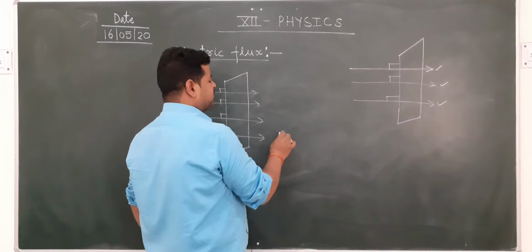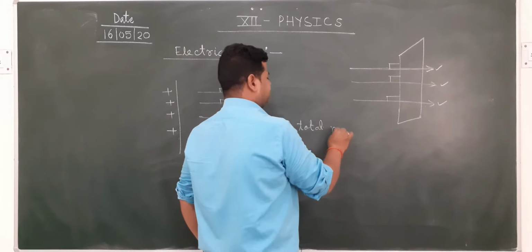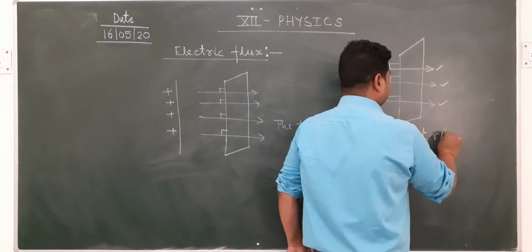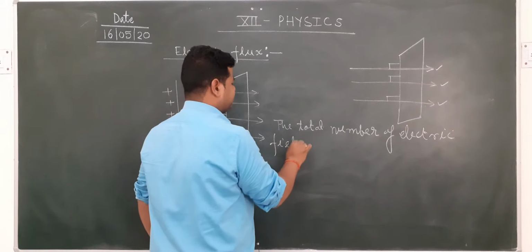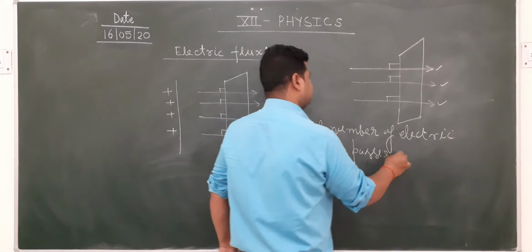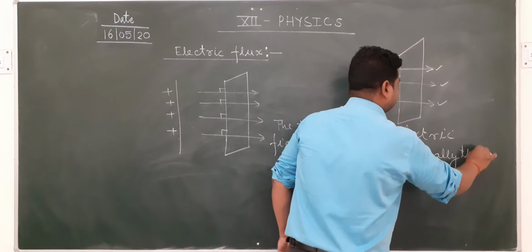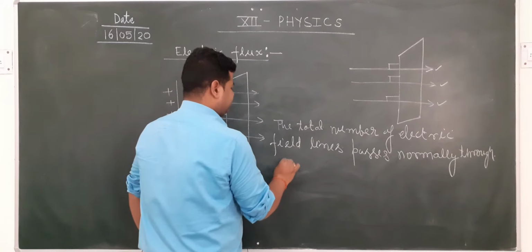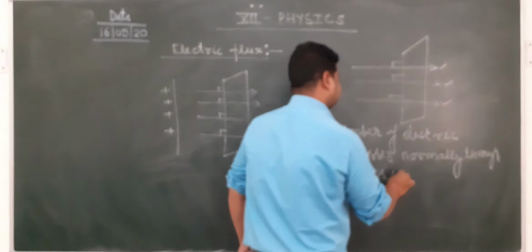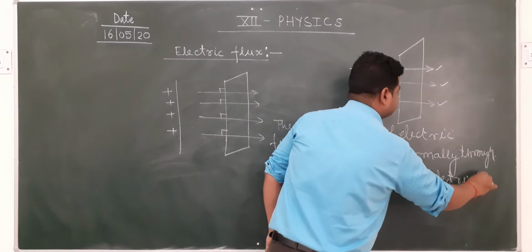So the definition of electric flux: the total number of electric field lines passing normally through any surface is called electric flux.